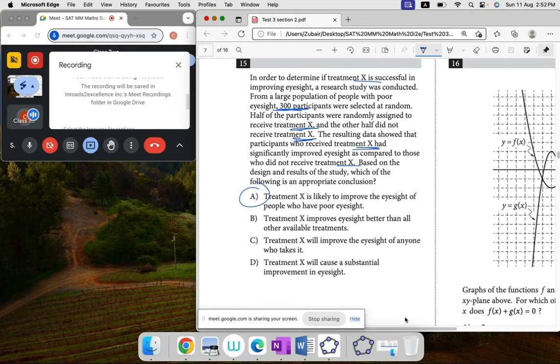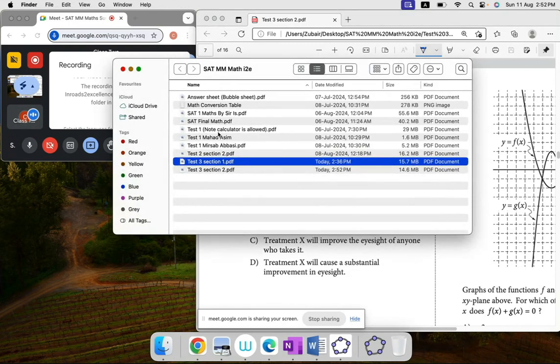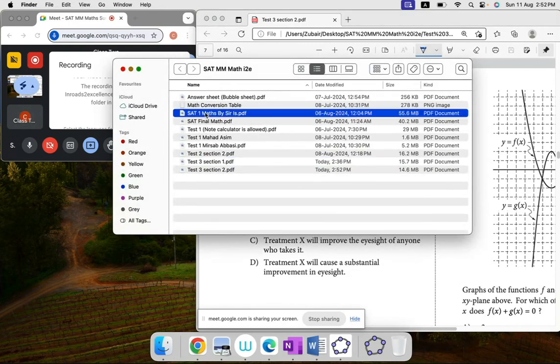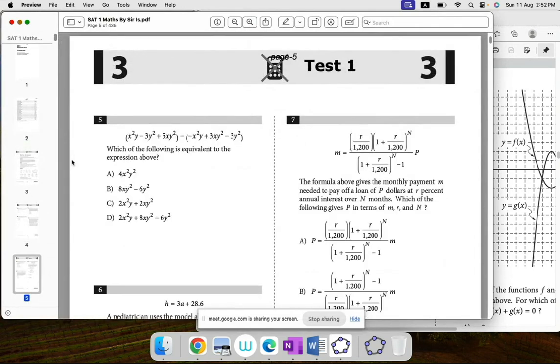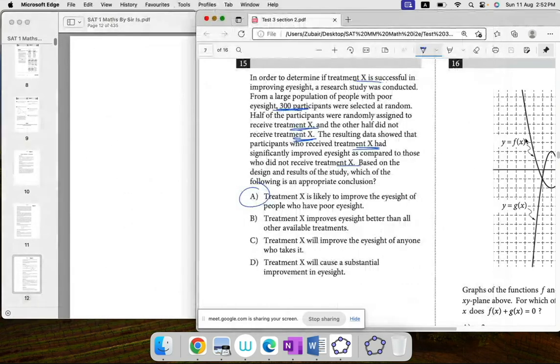Hmm. You also have the answer key for this. So why is this English now? Like, I don't get it. Why is this English and math? This was test 3, section 2.